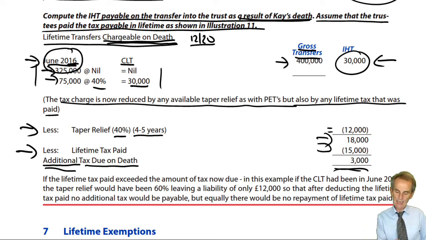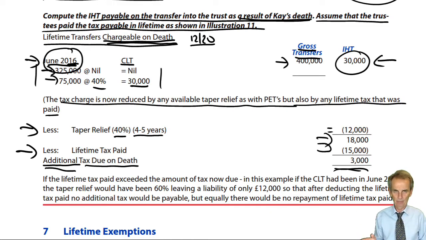You do not end up with a CLT having paid both 20%, if it's the gross rate applicable at the time that the transfer was made, chargeable when made, and 40% tax rate on death. The maximum you can pay is a total of 40%.